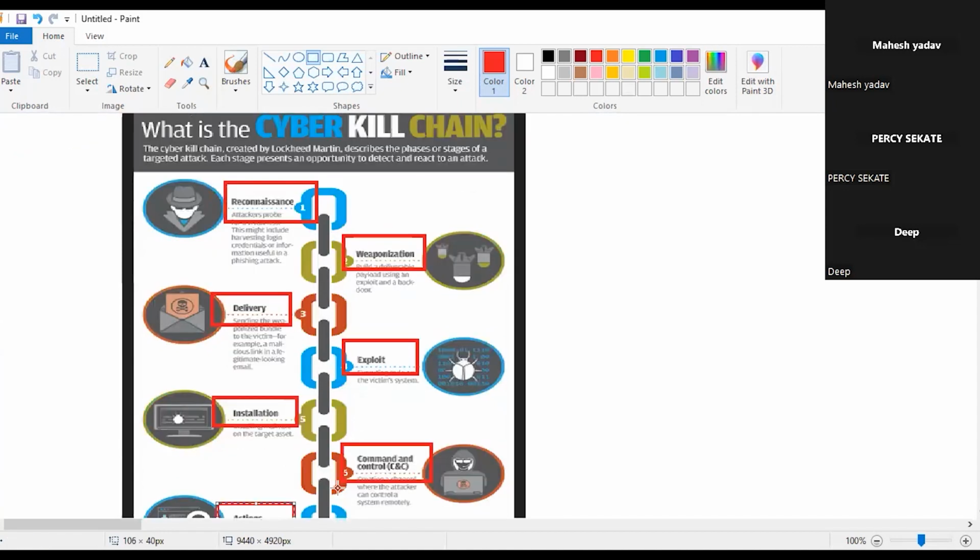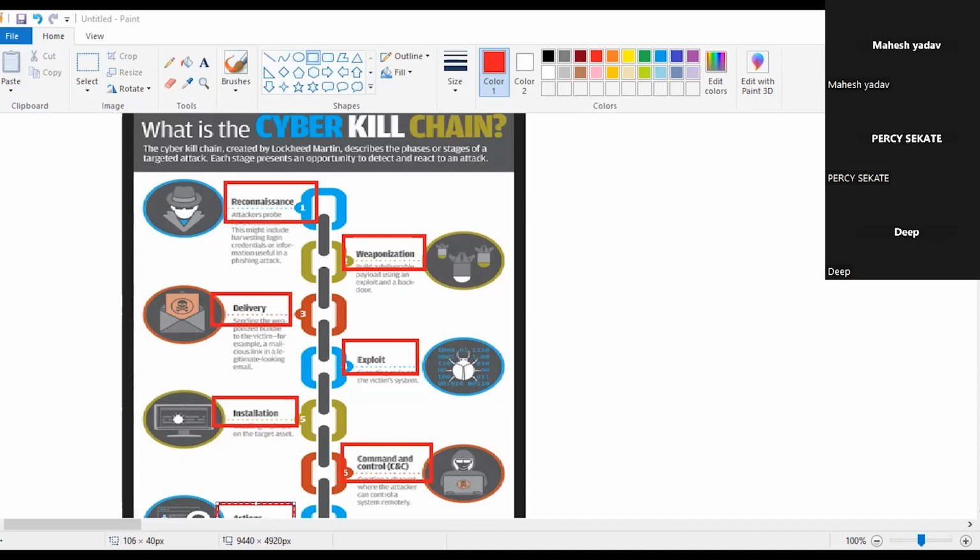So these are the 7 steps. So again, reconnaissance, gathering information about the target; weaponizing, build a malware, a customizable payload. Then third comes delivery. So they send this to the user using email, phishing, or advertisement mail.